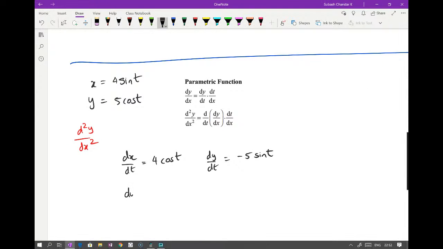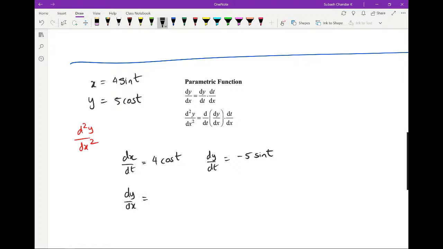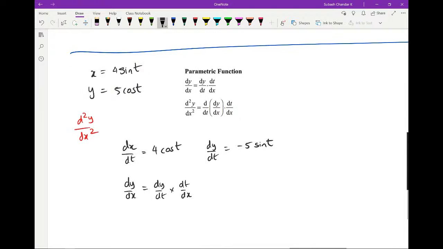Okay, so then dy dx is equal to dy dt multiplied by dt dx. So dy dt is -5 sine t multiplied by dt dx, which is 1/(4 cos t).